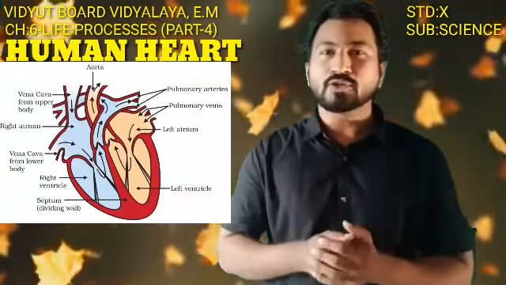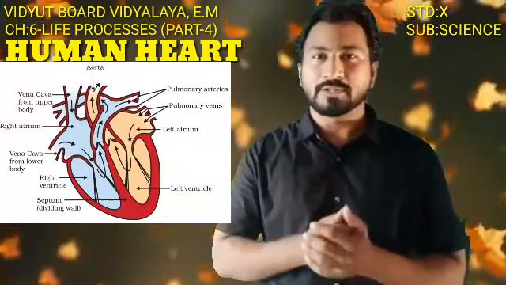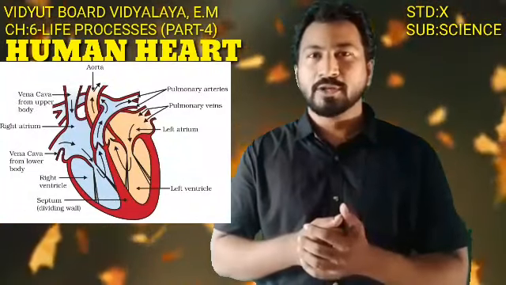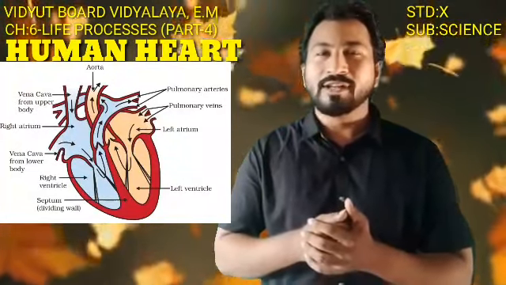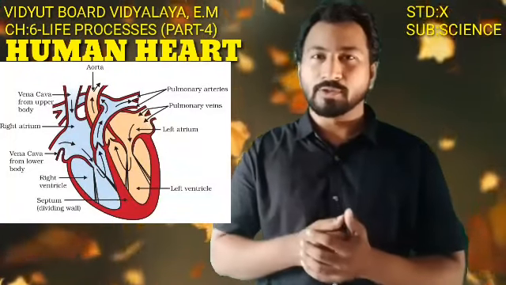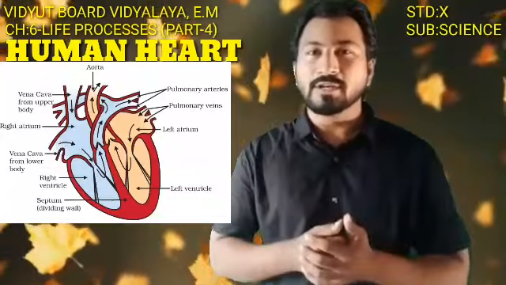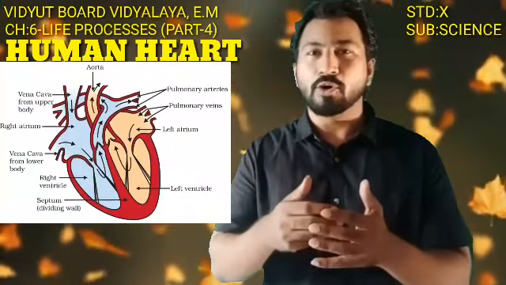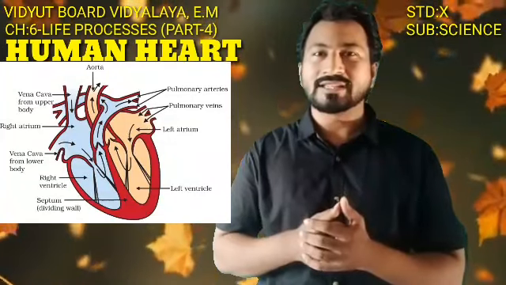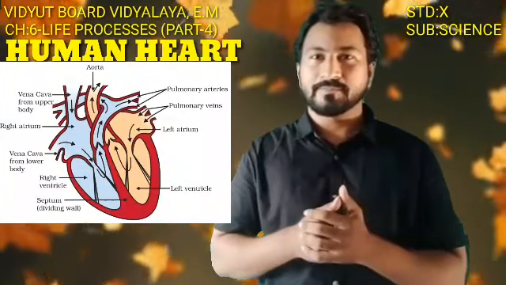It mainly consists of four basic chambers. Now why do we humans have four chambers? So that the mixing of the blood does not take place. Furthermore, the upper two chambers are known as the atria or the auricles, while the lower two chambers are known as the ventricles.